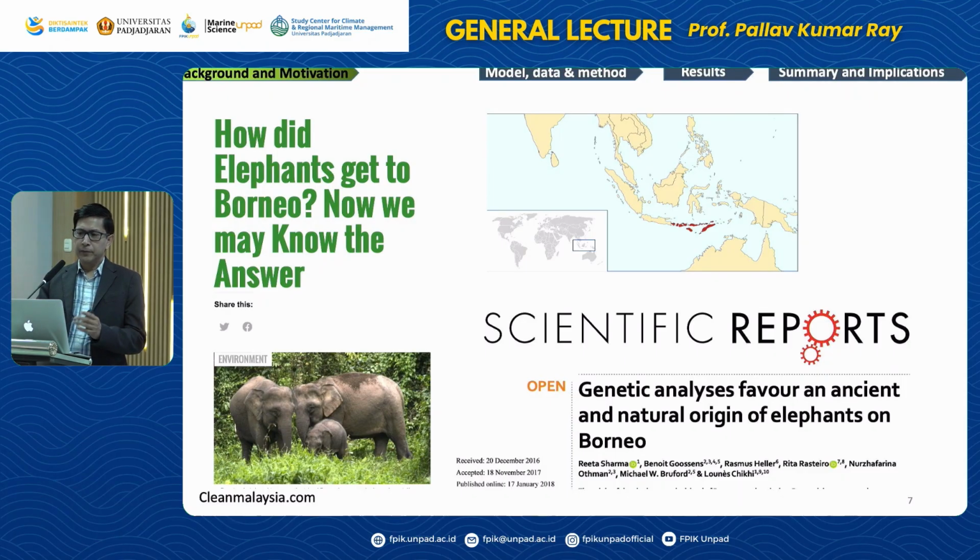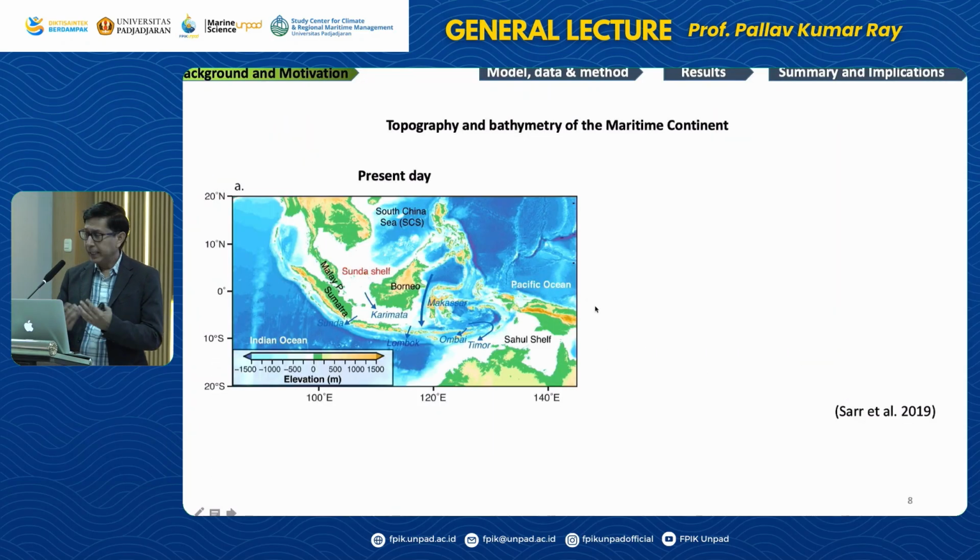So, for example, how elephants actually reached Kalimantan or Borneo, basically. There used to be a lot of different hypotheses, like maybe humans introduced it, or maybe through some other processes. But the actual reasoning was very, very simple, which is that they were not always isolated islands, correct?